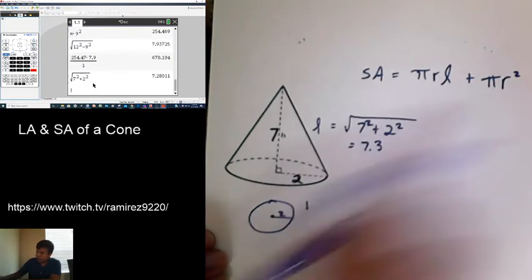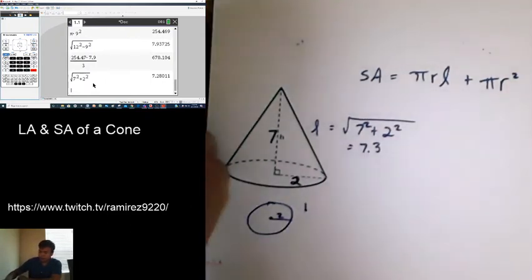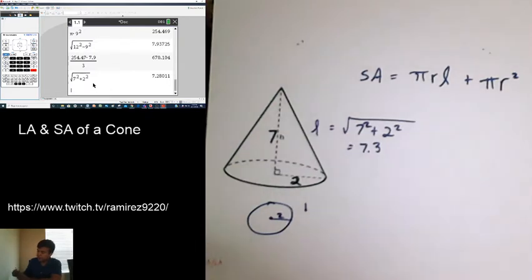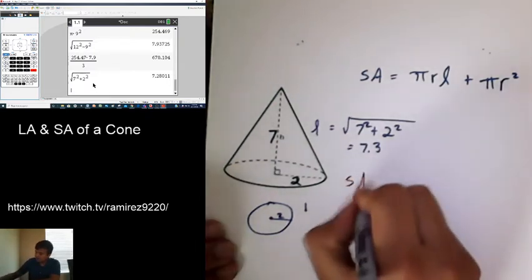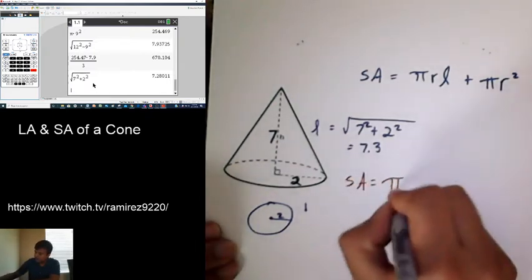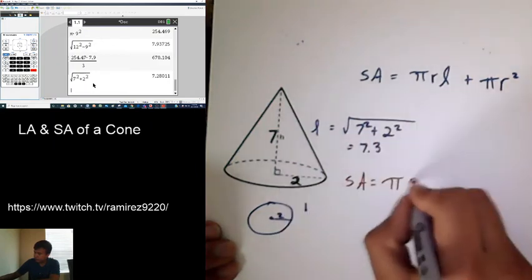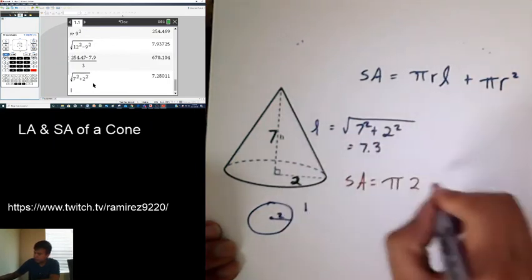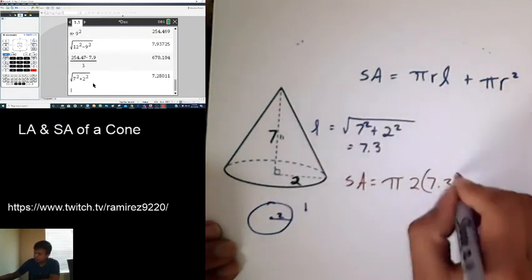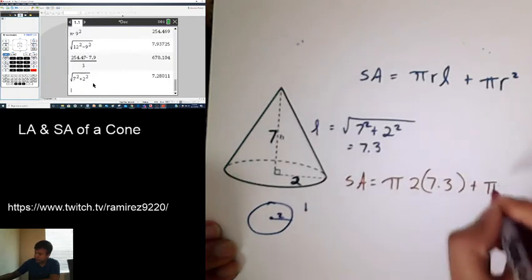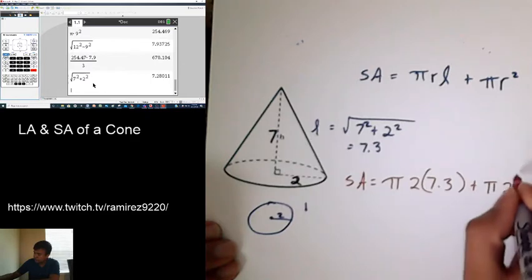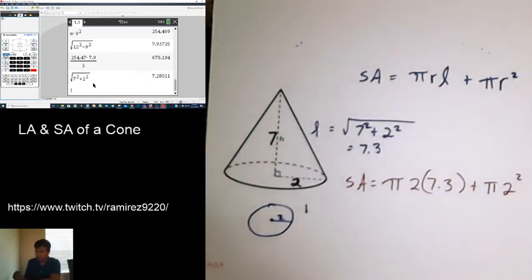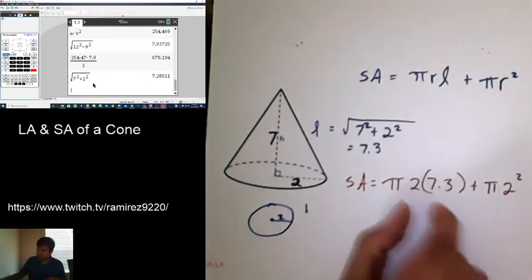So when I'm calculating this part, I might as well start plugging things in here. Surface area is pi times my radius, which was 2, times L, which is 7.3, plus pi times my radius squared. Depending on what calculator you have, you could plug that all in at once, or you could do it in pieces.